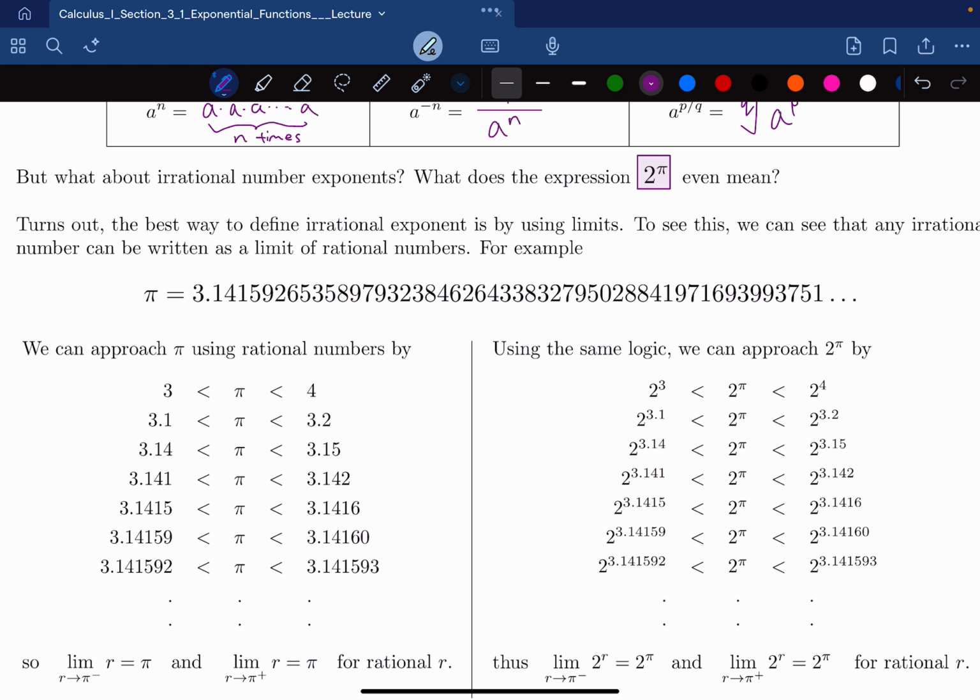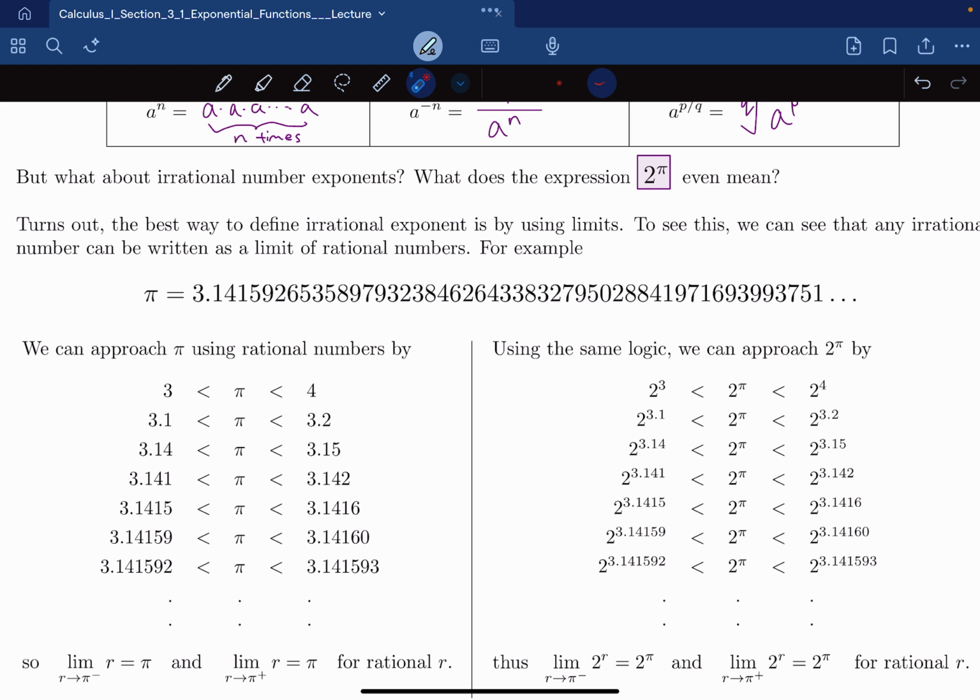Pretty easy to see there. But then we can add more digits: pi is also between 3.1 and 3.2. Going into the third decimal place, we know that pi is between 3.14 and 3.15, because it's 3.141. Going on, 3.141 and 3.142, because the next one is 3.1415.